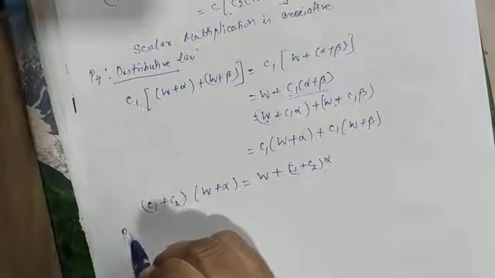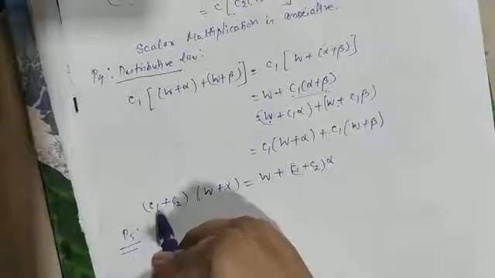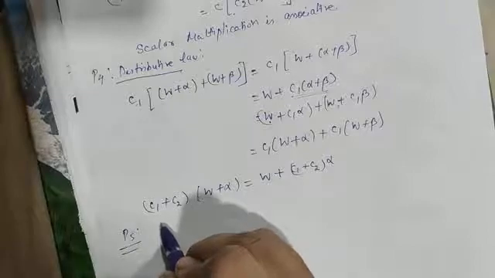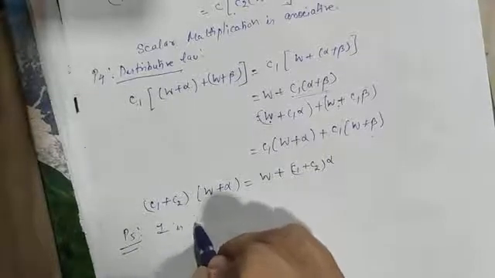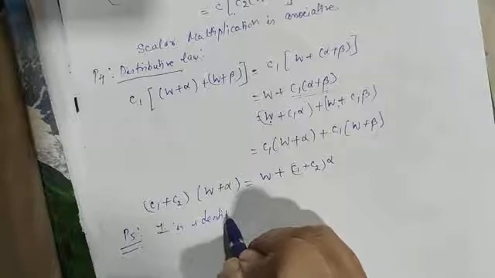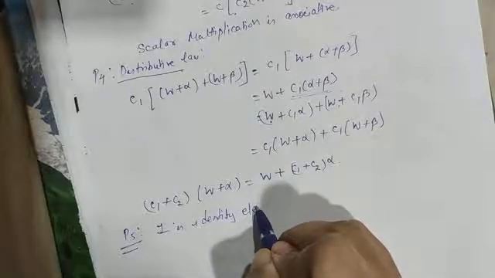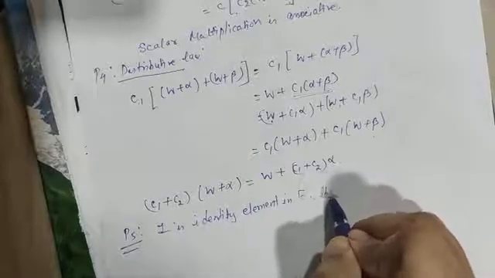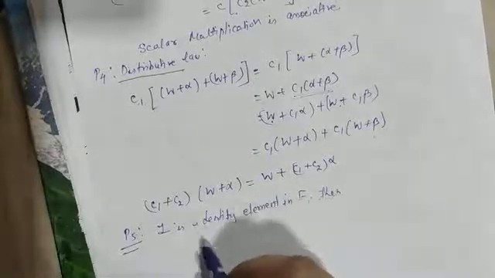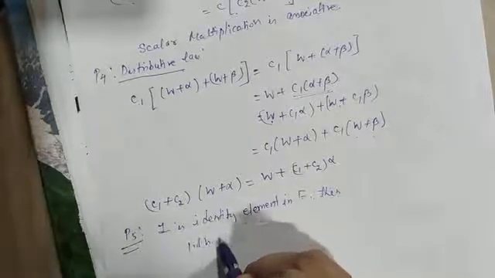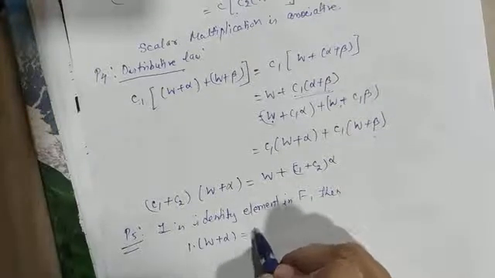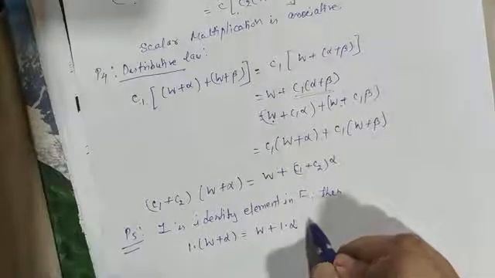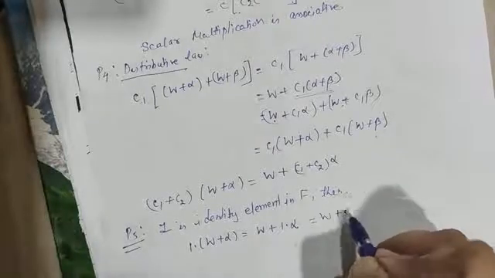Now last one is existence of identity element. Now if 1 is identity element in F, then we have 1 multiplied by W plus alpha. This will be W plus 1 into alpha, and this is W plus alpha.